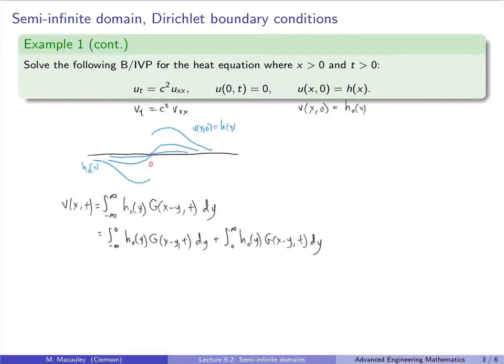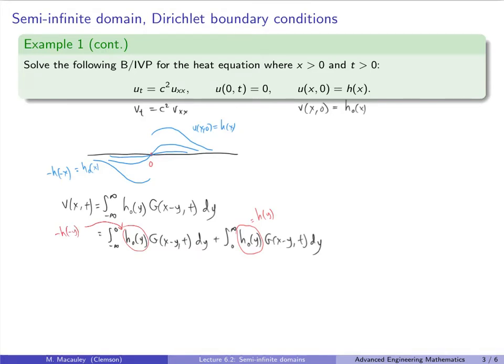Recall that for the odd extension, for negative values of x, h naught of x equals negative h of negative x. So right away, h naught of y equals h of y, because we are only on positive values of y here. For negative values of y, we can write h naught of y as negative h of negative y.